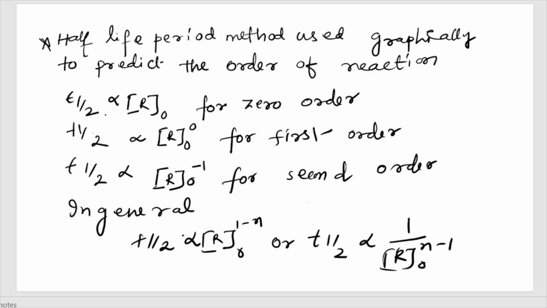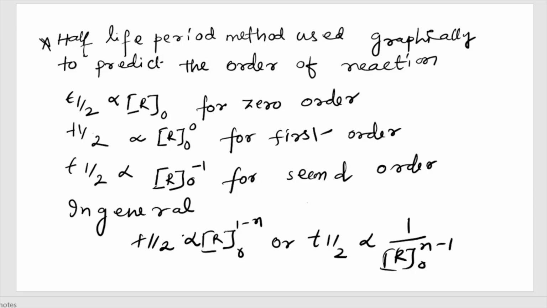Now see, T half is proportional to the initial concentration having power 0 for zero order, proportional to the initial concentration to the power 0 for first order, and proportional to the initial concentration to the power minus 1 for second order.